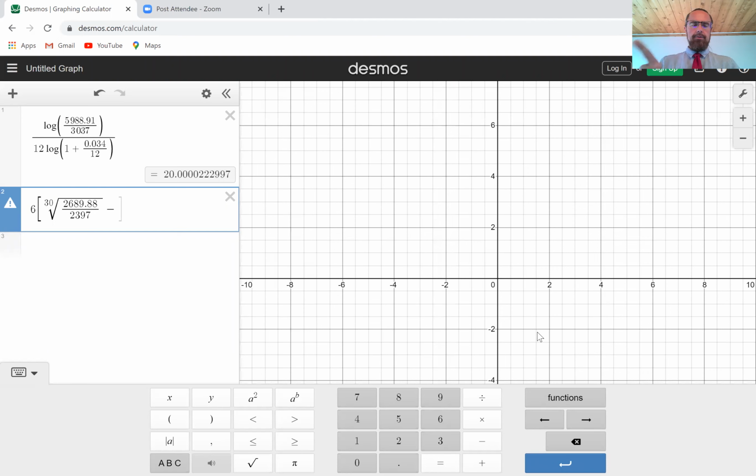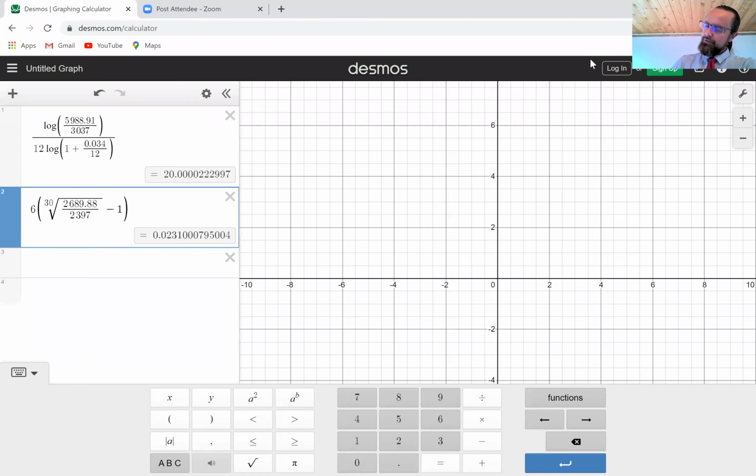And then on the outside of the radical, minus 1. And that's given me this decimal value of 0.0231000 and so forth. So what I'll do is I'll record 0.0231, and let's finalize that as a percentage, but we'll head back to our notes screen.